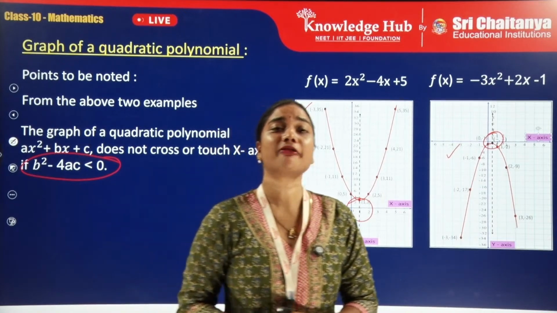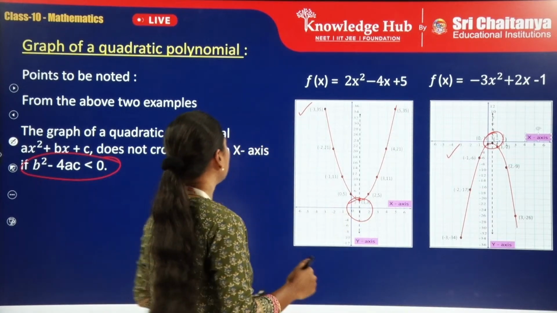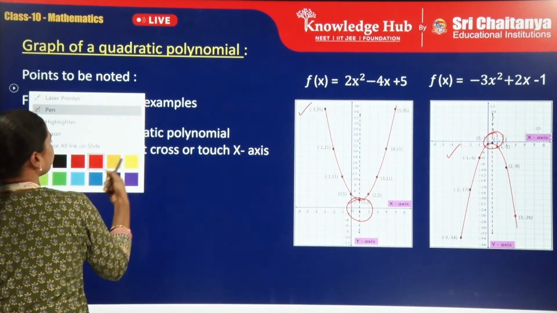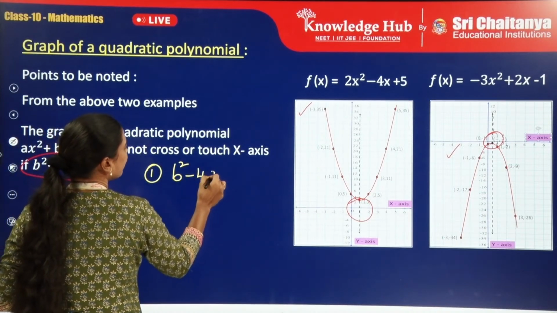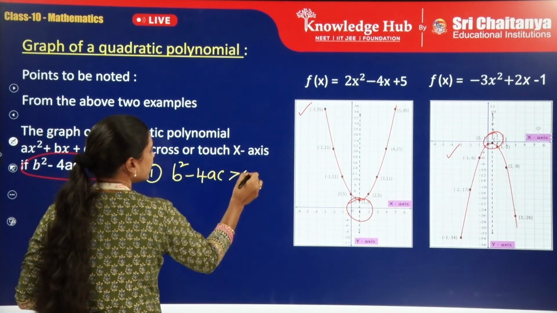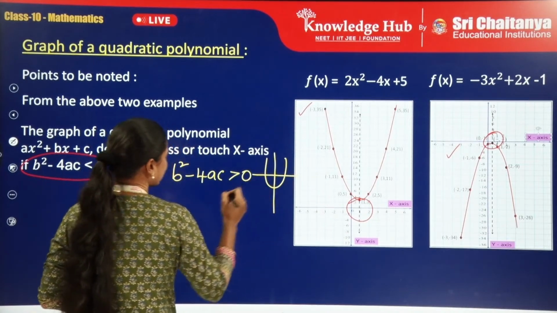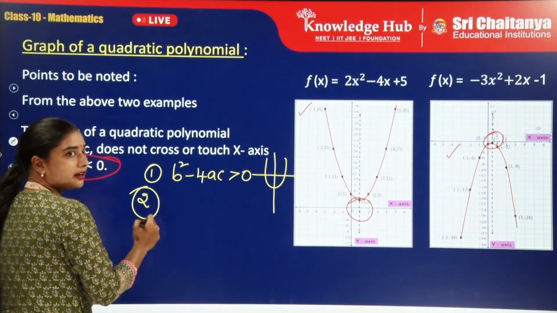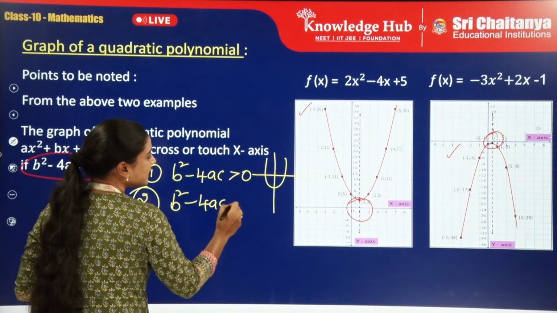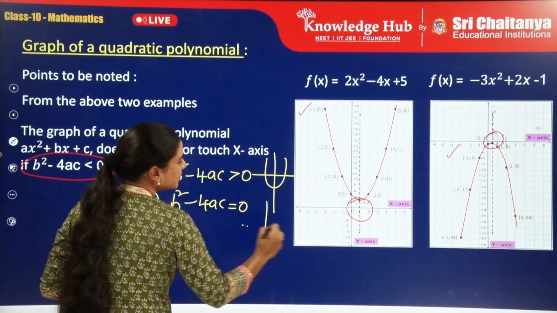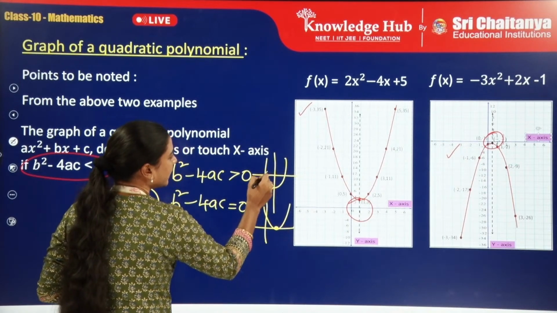So for the graph of a quadratic polynomial, we have three different types. The first one is b square minus 4ac more than 0, where the parabola crosses the x-axis. The second one is b square minus 4ac equal to 0, which means the parabola touches the x-axis at one point.